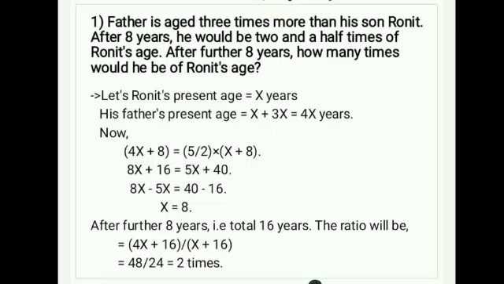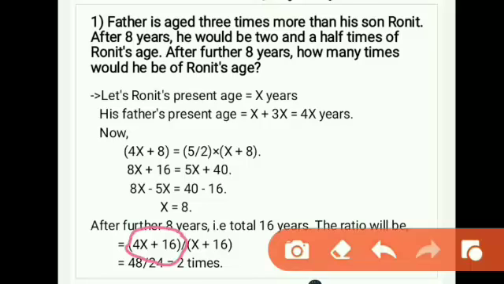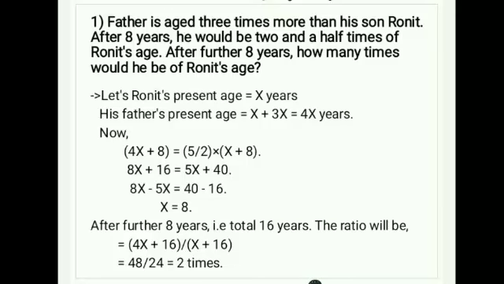Now, after a further 8 years means a total of 16 years, because 8 years plus 8 years is equal to 16 years. By taking the ratio, 4x plus 16 is for father's age after 16 years, and x plus 16 is for Ronit's age after 16 years.